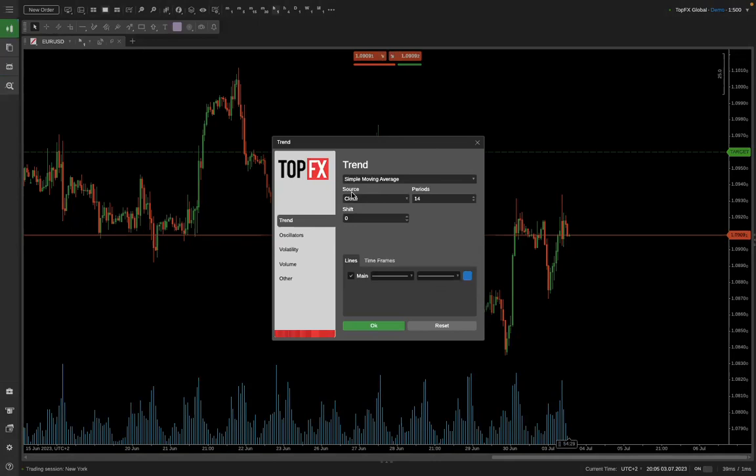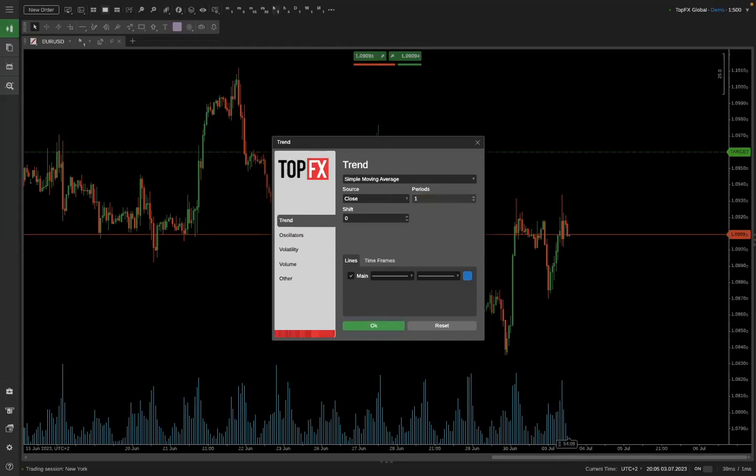The source of the price that will be used to compute the moving average is the closing price. You can change it to open, high, low, or close. We will stick to the close because this is the most popular source of data. And of course, there is the period.